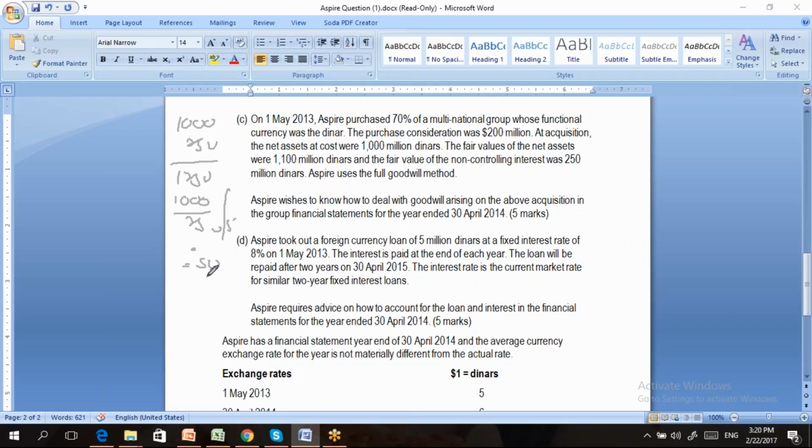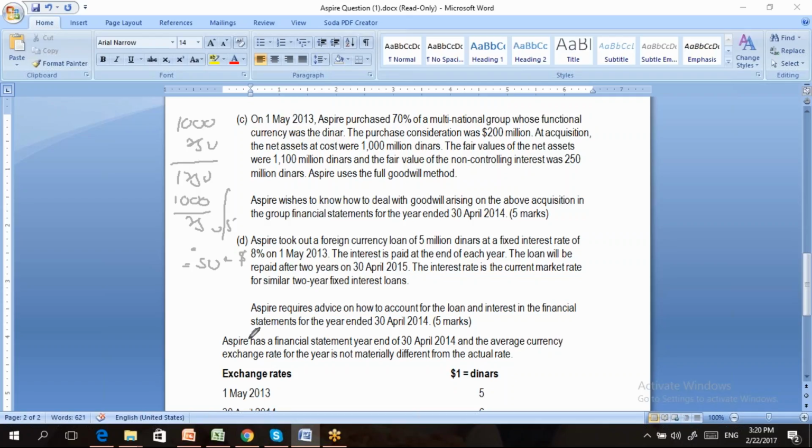How much is that? 50 million. 1,000 was the consideration, what we paid. 250 was the NCI, making 1,250. The value of assets was 1,000. So 250 million was the goodwill on acquisition in the foreign currency. Converted, it is 50 million.